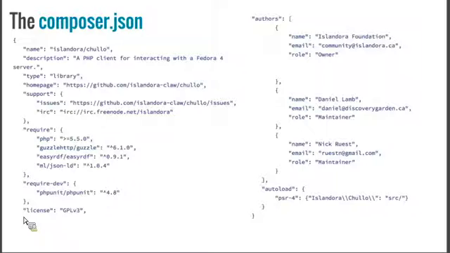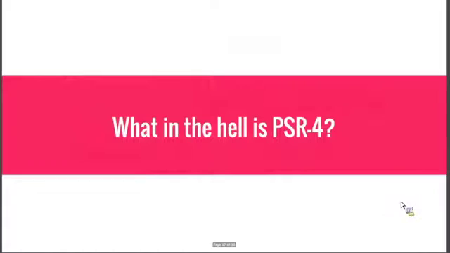And we also define a license. Some authors, Nick and Danny, and the Islandora Foundation, and finally the magic autoload part. Basically, we're telling it that Chullo provides this namespace, and it should start looking at the source folder.